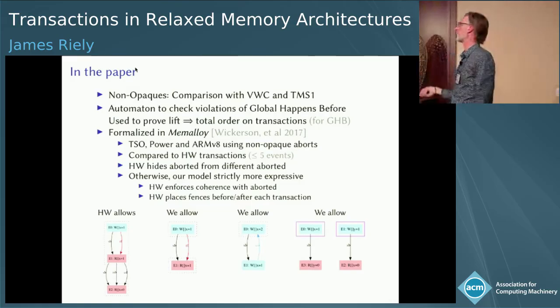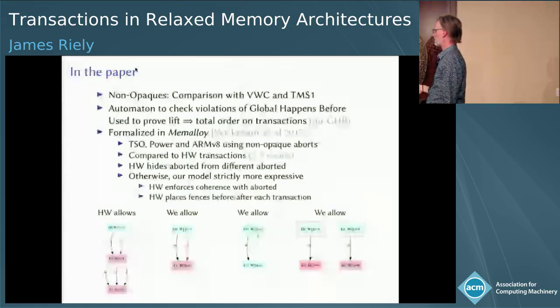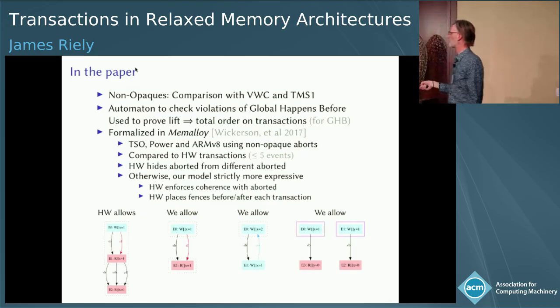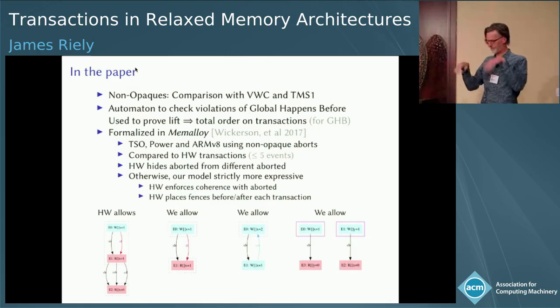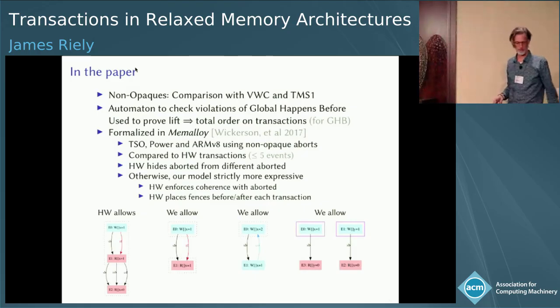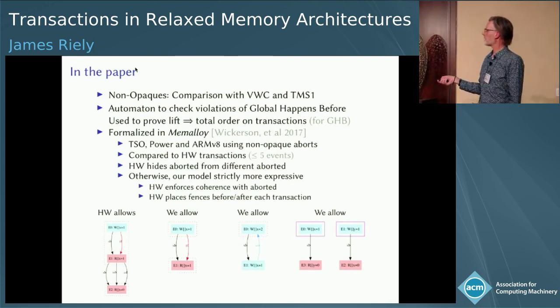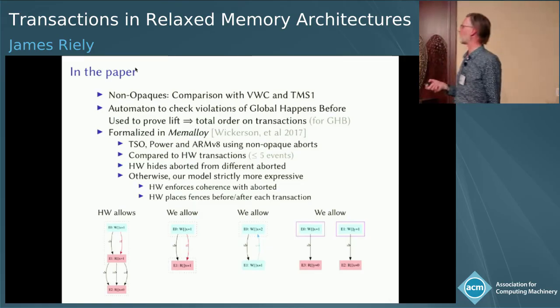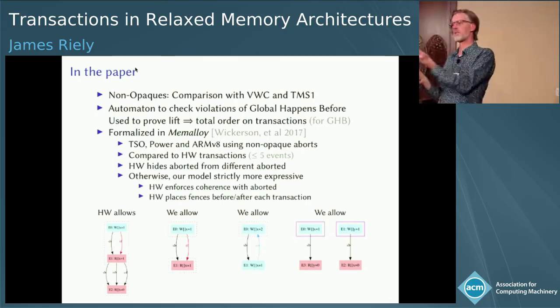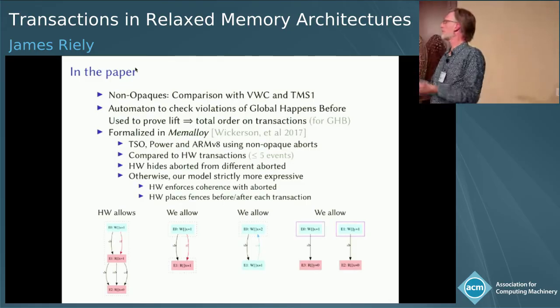Because we're not doing that, we allow transactions like this where the hardware won't. In addition, the hardware enforces coherence with respect to aborted writes. So again, some little subtleties with respect to aborts, whereas we don't enforce coherence with aborted writes.